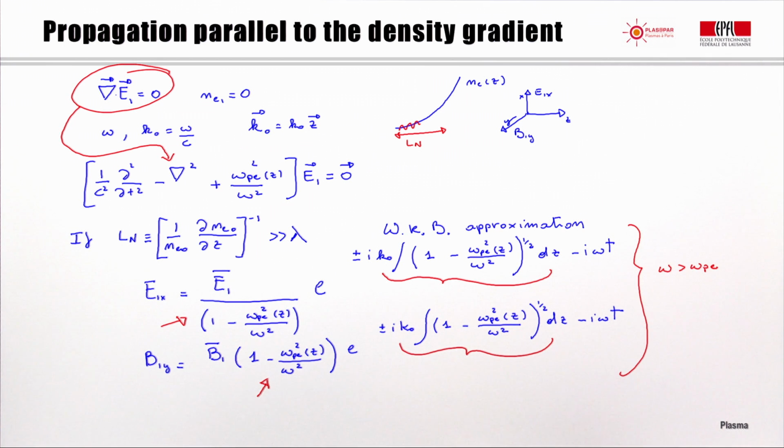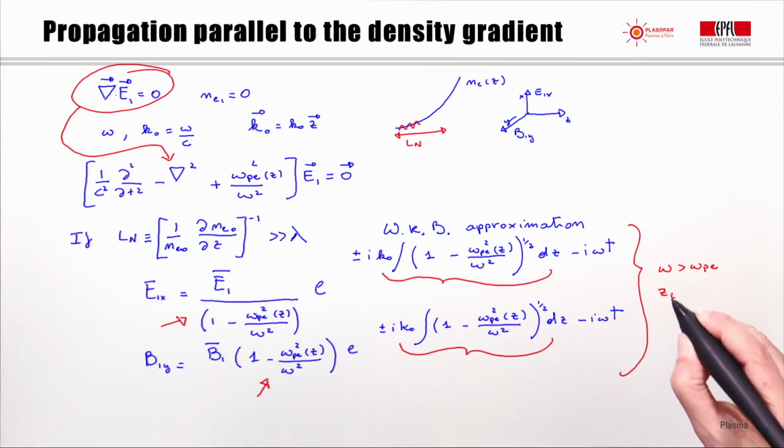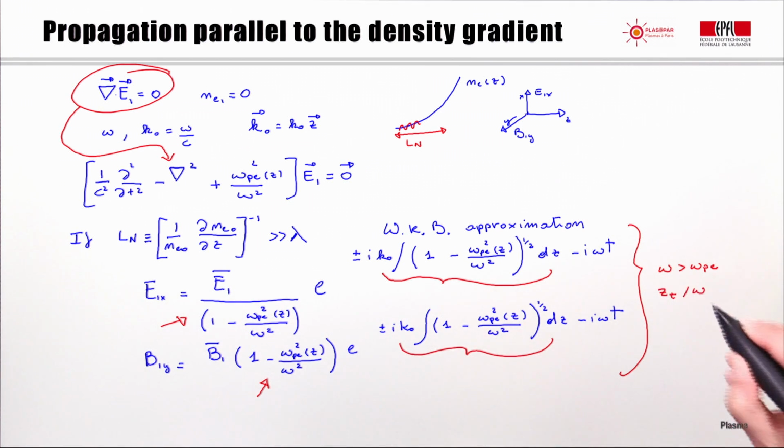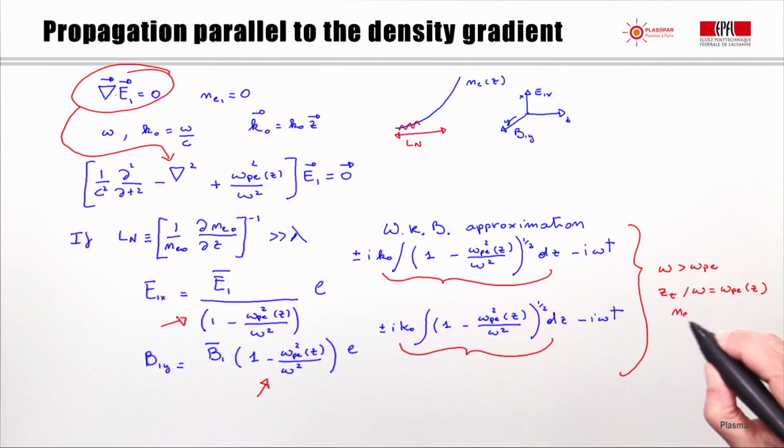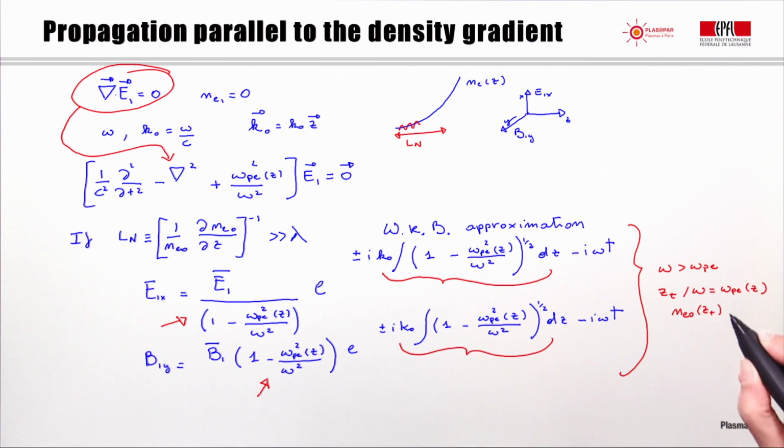We can then define the turning point as the position in space where the wave frequency is equal to the plasma frequency. At the turning point, the wave will be reflected. Notice also that in this case, the density at the turning point is equal to the critical density.